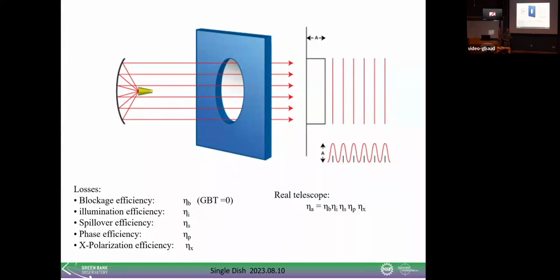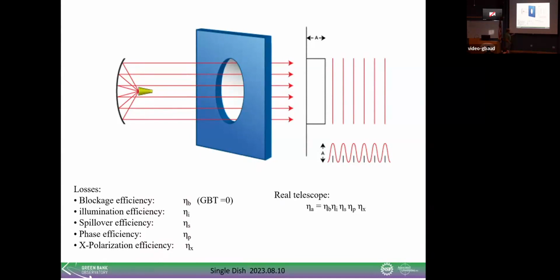If you have illumination efficiency of 1, you totally illuminate the dish to the very edge with no taper. But if you do that, you start picking up spillover, and there's an optimization where the illumination efficiency times the spillover efficiency gives you an optimum aperture efficiency over the temperature.